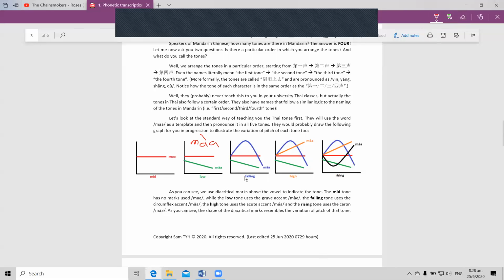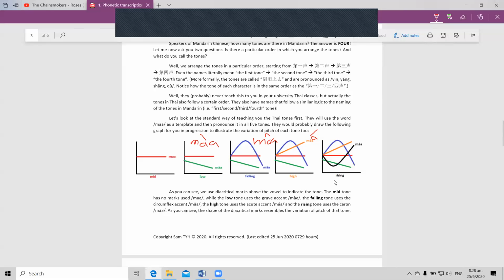Okay, the next one is the falling tone. This is pronounced as ma, ma. Okay, the high tone, the next tone, the mark is this, by the way, above the A. Ma, ma.